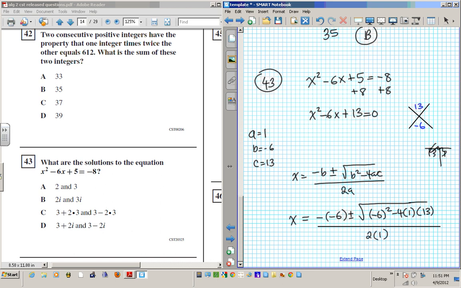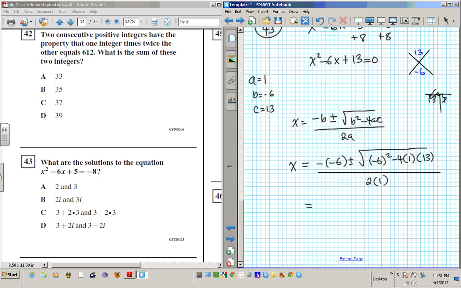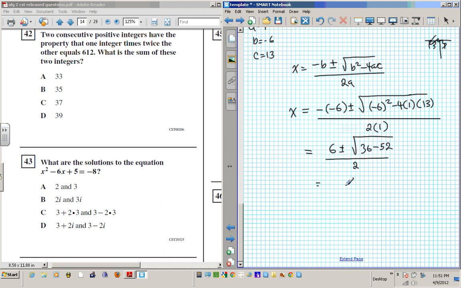Okay, so that gives us 6 plus or minus the square root of 6 squared is 36 minus 52, divided by 2, and then that gives us 6 over 2. Let me just split them up. Okay, plus or minus, 36 minus 52 is negative 16, square root of negative 16 over 2.